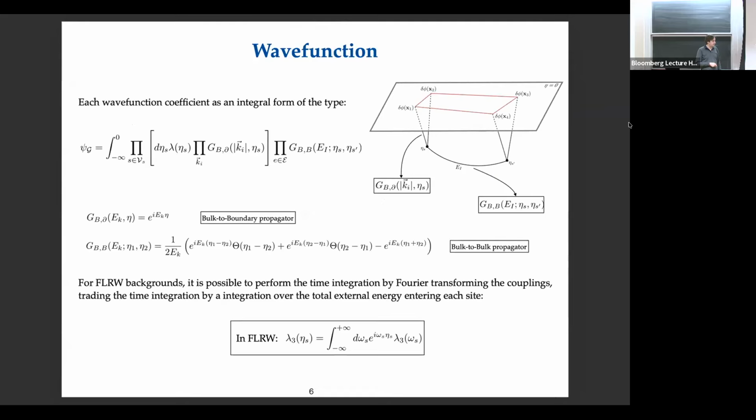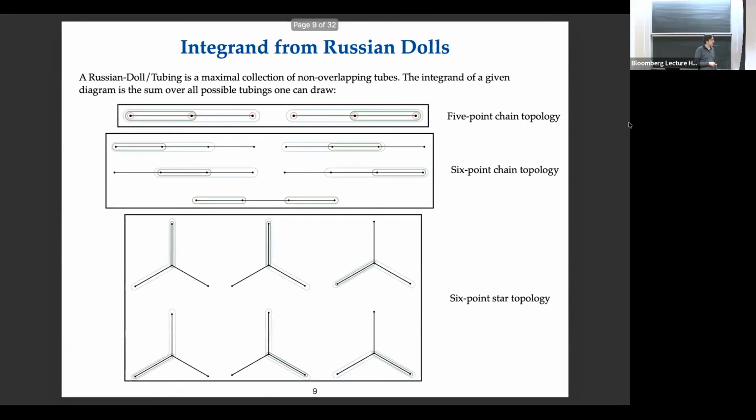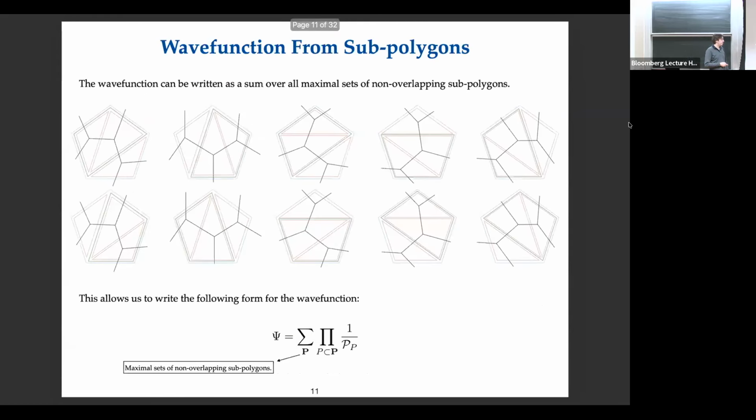If you're doing conformally coupled scalars, what would change would just be this Fourier transform. What's a conformally coupled scalar? A massless scalar. But yes, the wave function would just change the measure. Thank you.